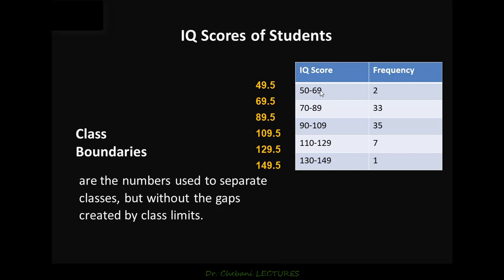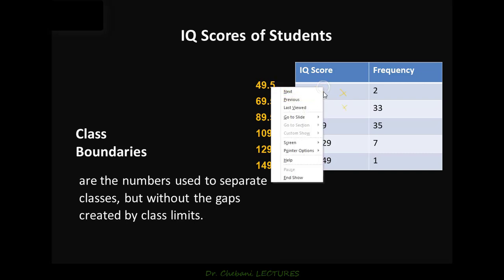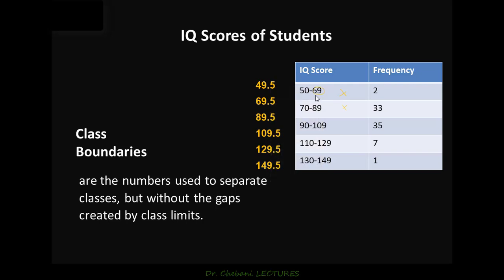If you look at the first and the second class, you will notice that between 69 and 70, there is a gap there, right? So there is a gap of 1 that is not accounted for. In order to avoid leaving these gaps, sometimes it's necessary to use what is known as class boundaries.